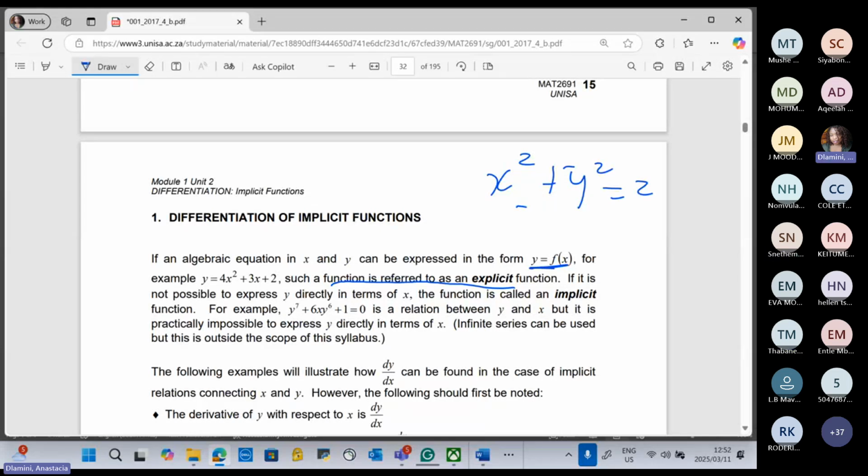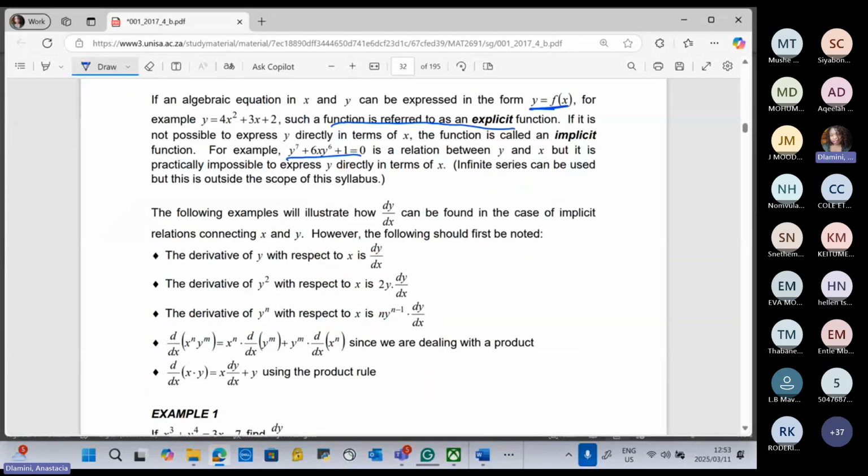In the bracket, they said infinite series can be used, but it's outside the scope of this syllabus. In our module, we can't express this as y is equal to something with only x values on the right. Therefore, we call that an implicit function. We are now together?